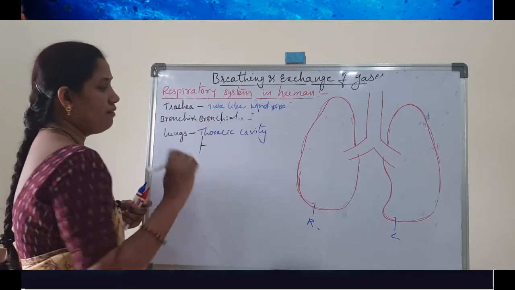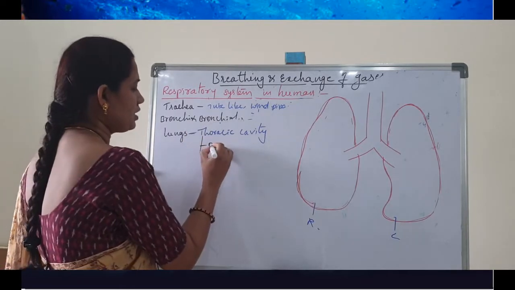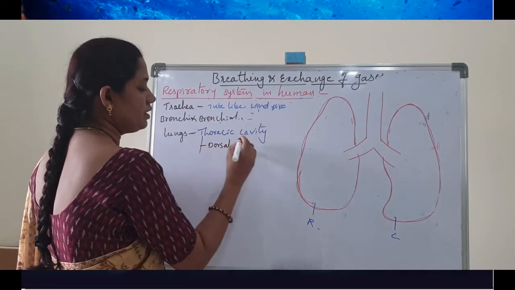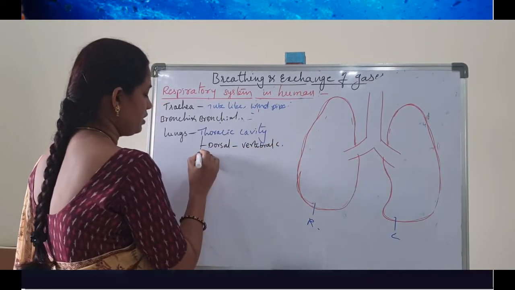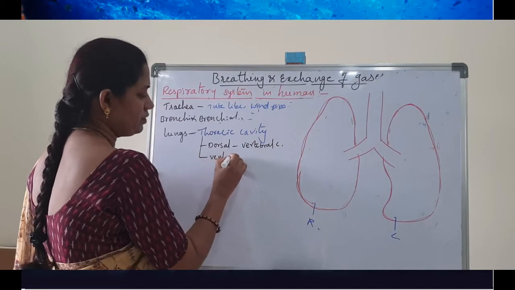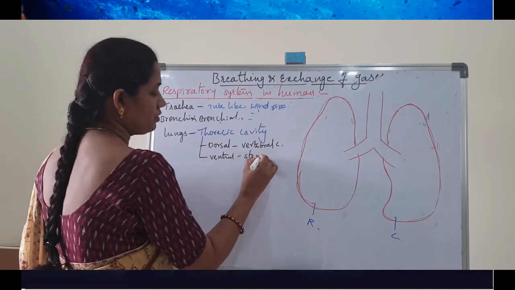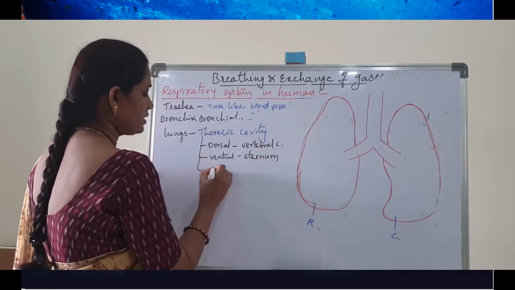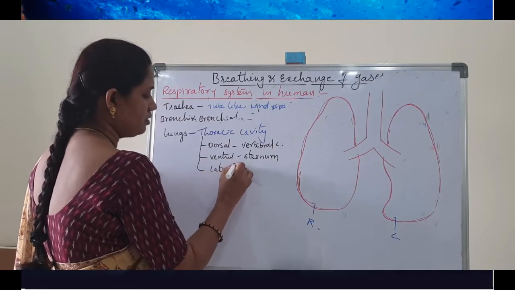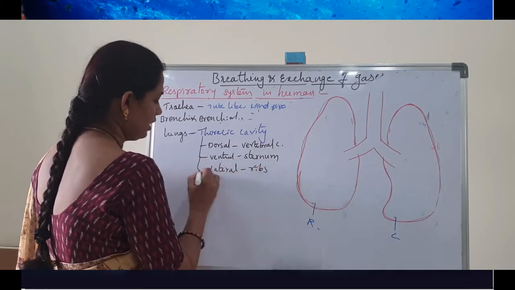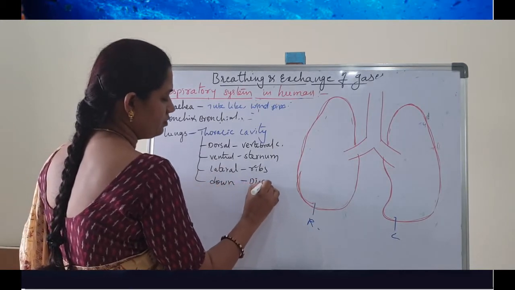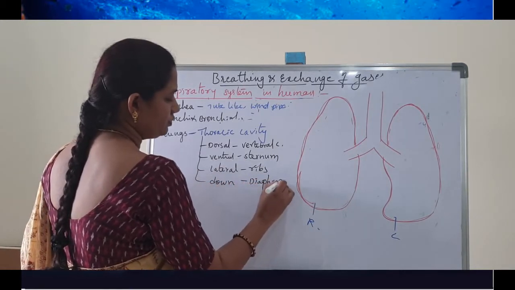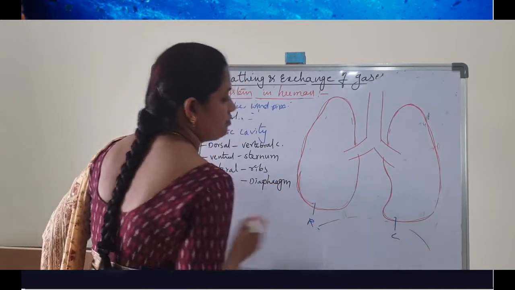The thoracic cavity is made up of the vertebral column on the dorsal side, the sternum on the ventral side, the ribs on the lateral sides, and the diaphragm below.